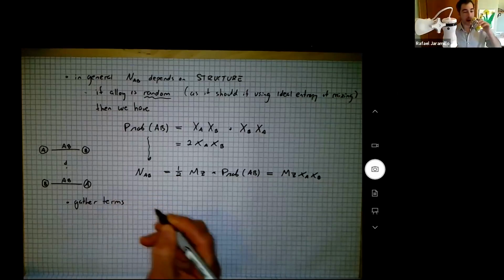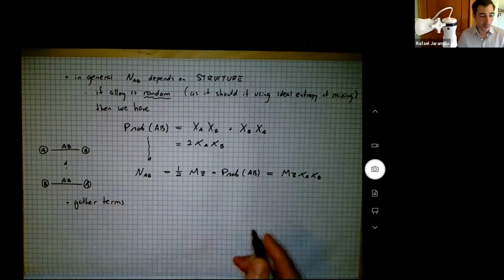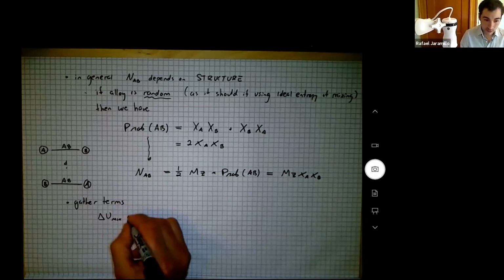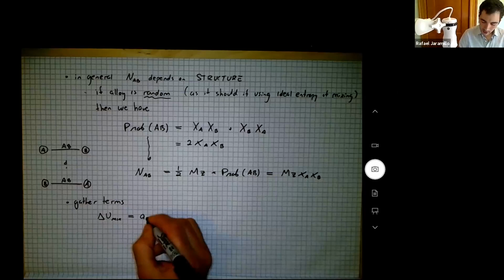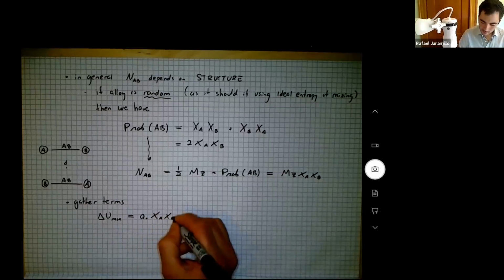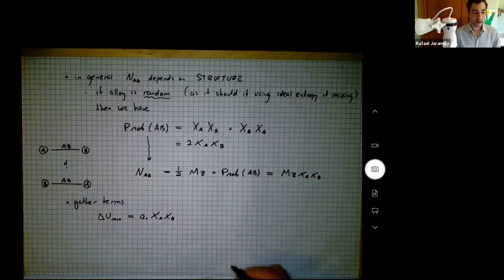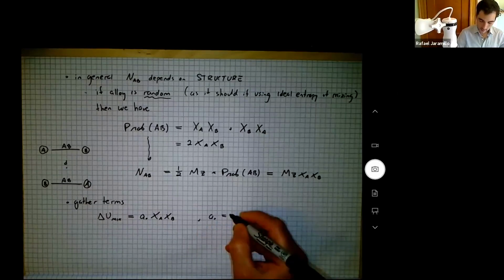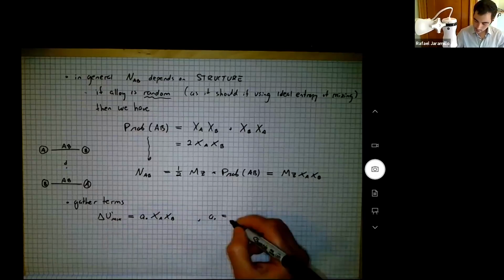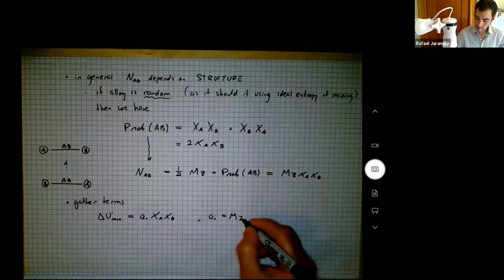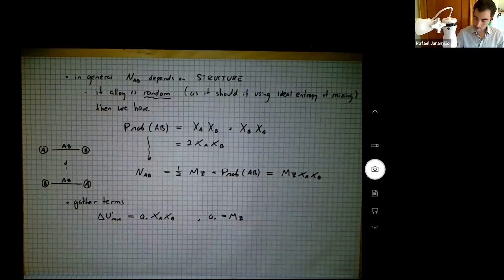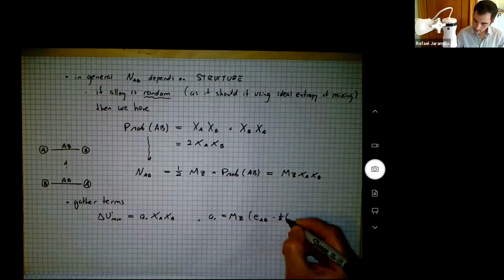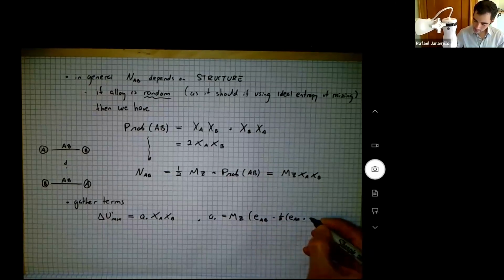Gathering terms, we have delta U of mixing equals A naught XA XB, where A naught depends on some things: the total number of sites, the coordination number per site, and this difference between the energy of an unlike bond and the average energy of like bonds.